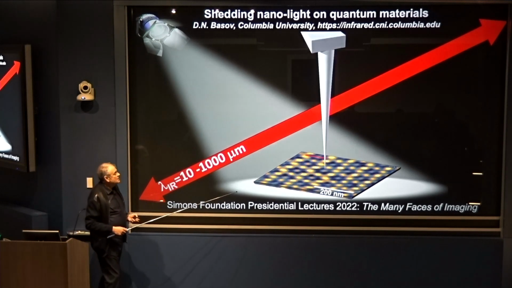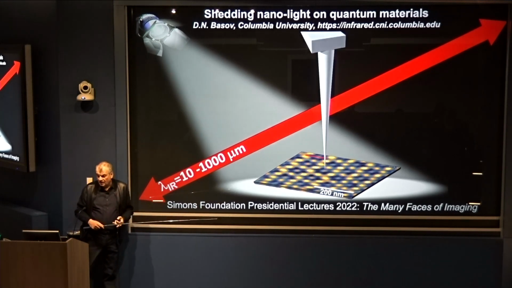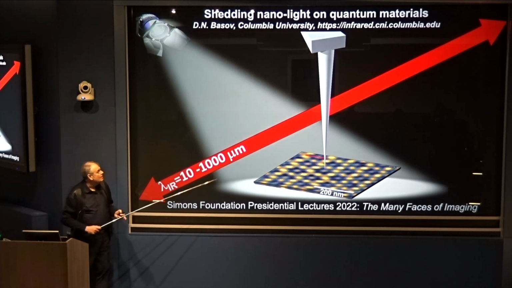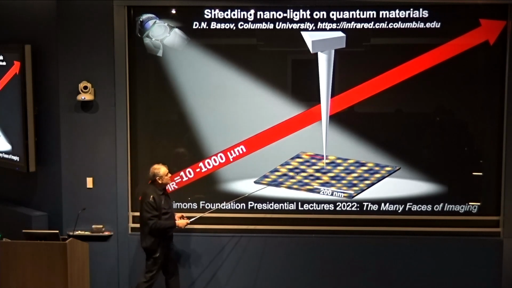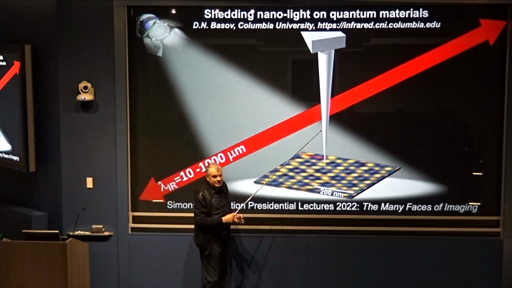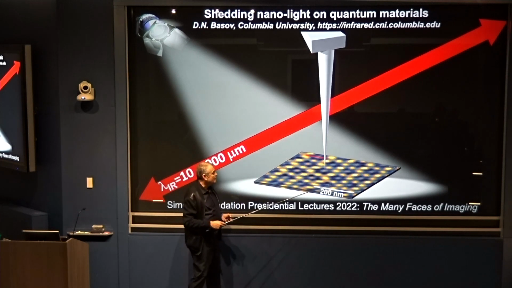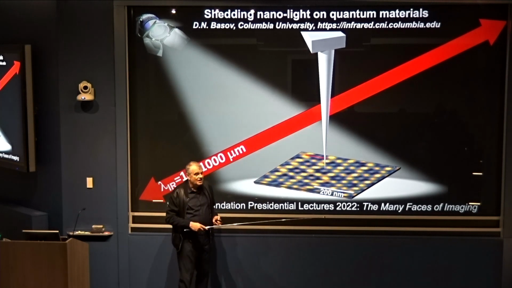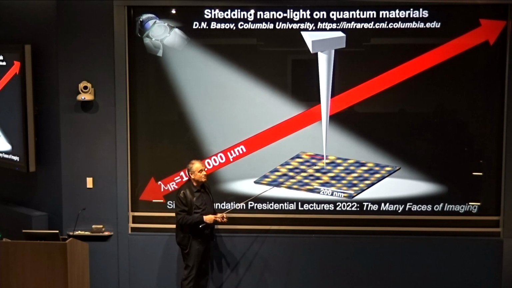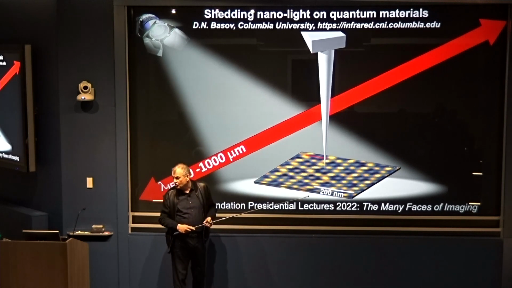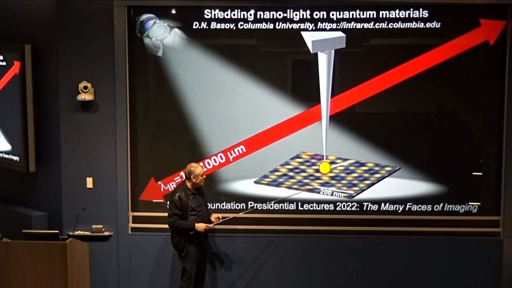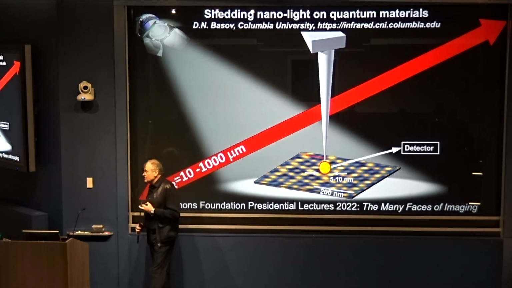Nanolight, or subdiffractional light, is about coupling a light source with a scanning probe instrument. And there are many versions of scanning probe instruments. Essentially, in simple terms, it's a sharp needle of an atomic force microscope, or of a scanning tunneling microscope. And the whole idea is extremely simple.